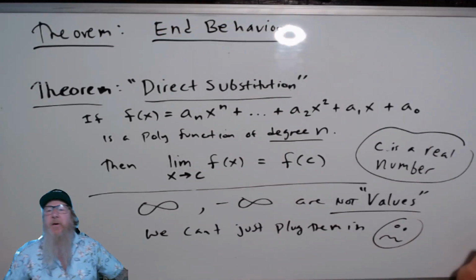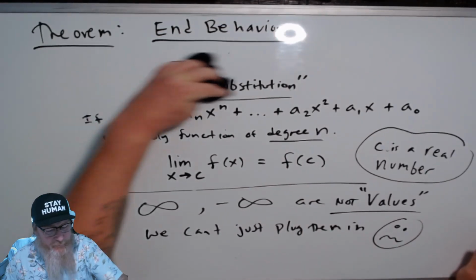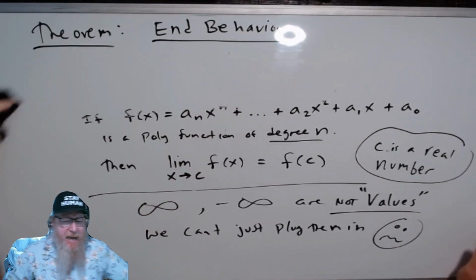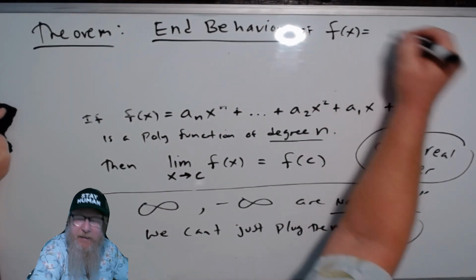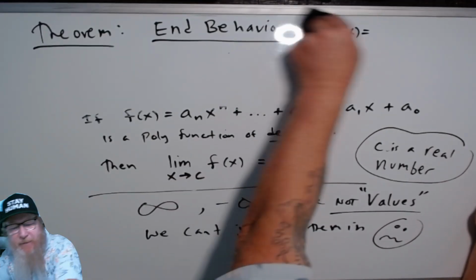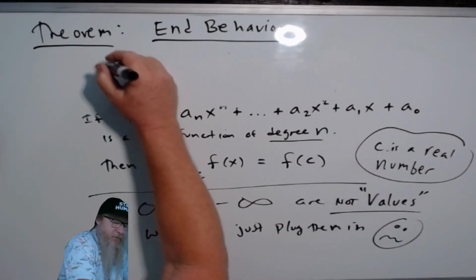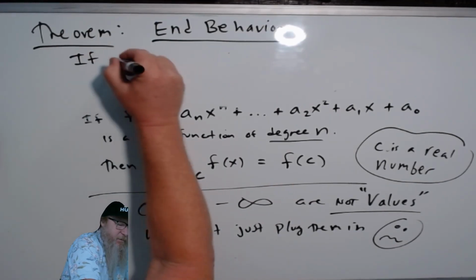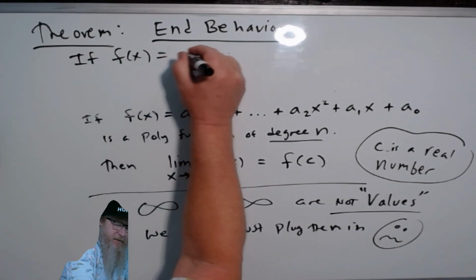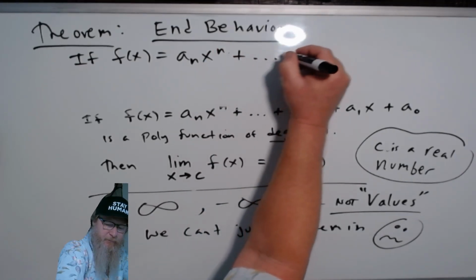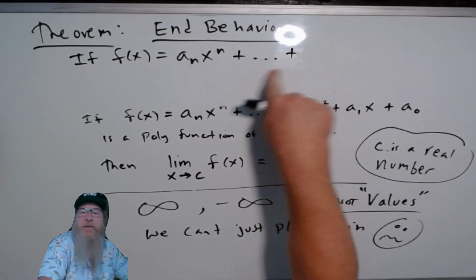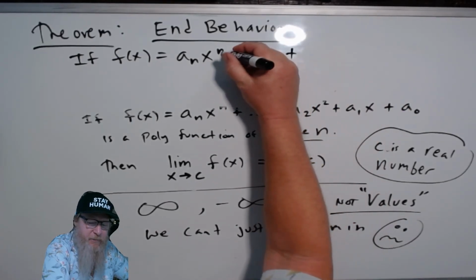This is the theorem on the end behavior. Again, f of x is a polynomial. I'm not going to have room to write that, so I'm just going to have to copy it one more time. So f of x is a polynomial. The dot, dot, dot, of course, just means all the in-between terms.